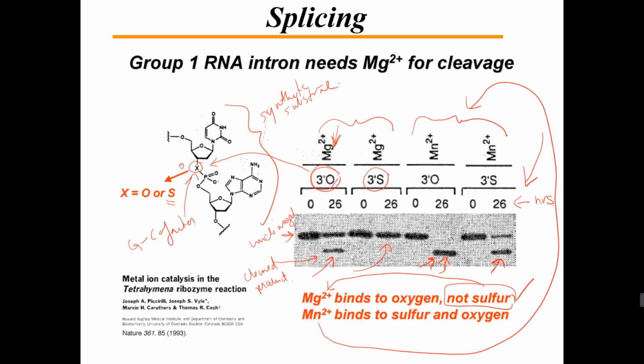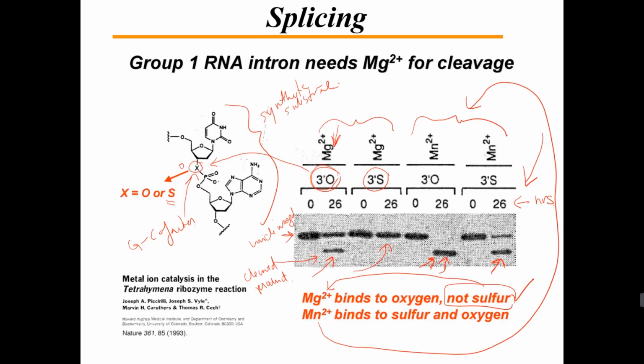And this is because magnesium does not coordinate to sulfur. However, as a positive control, they also discovered that manganese, which coordinates both to sulfur and oxygen, allowed for catalysis to occur.